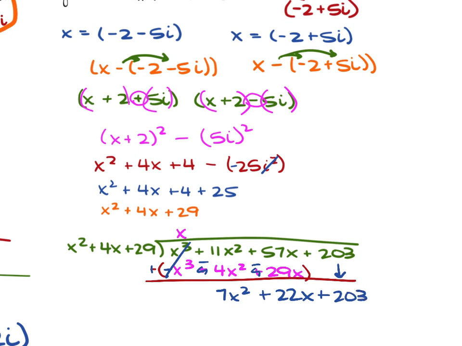So x squared times what is 7x squared? It's a 7. So 7 times x squared is 7x squared. 7 times 4x is 28x.